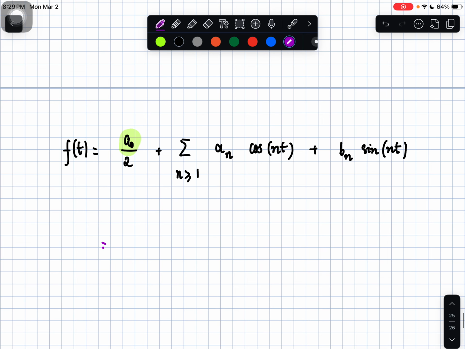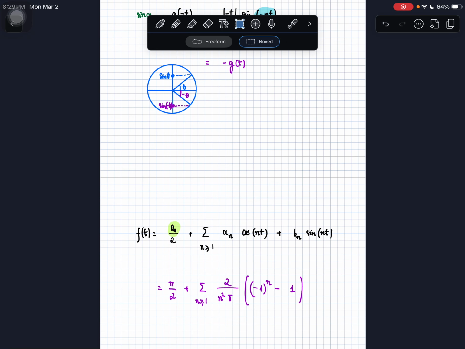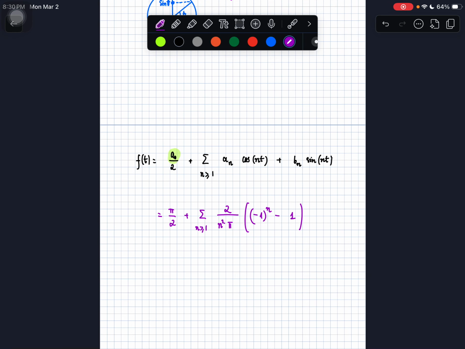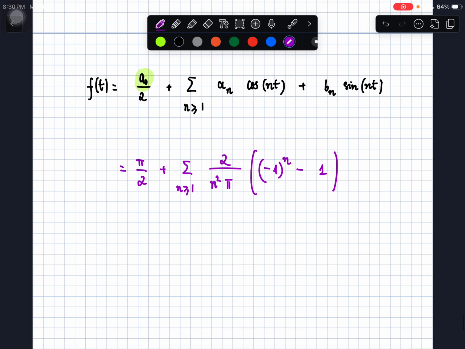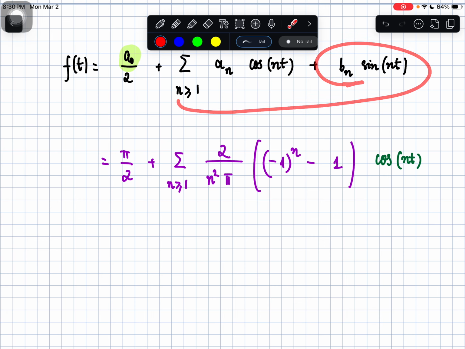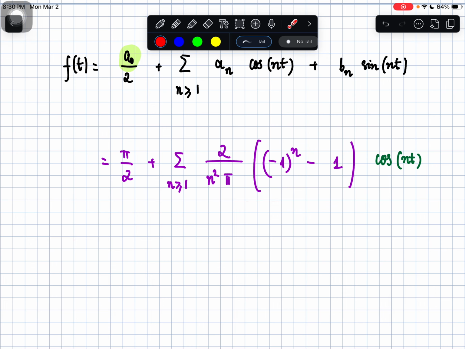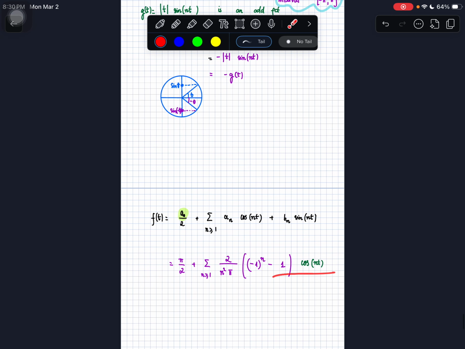A0 is equal to pi over 2, plus the sum for n greater than or equal to 1, from 1 to infinity, of an cosine nt. And the sum with Bn is 0, so this term disappears. So this is our formula for the Fourier series of ft. And we know that this one is 0 if n is even, so we only have the odd terms.